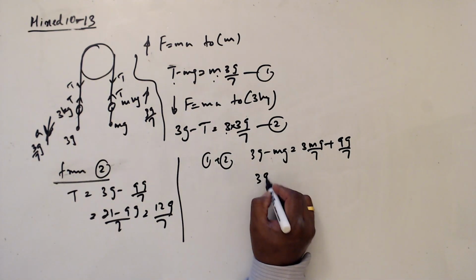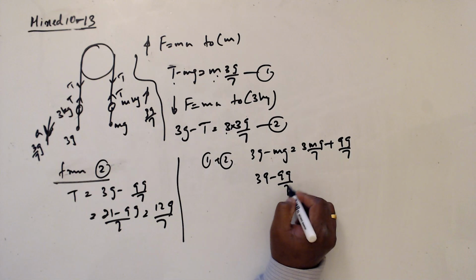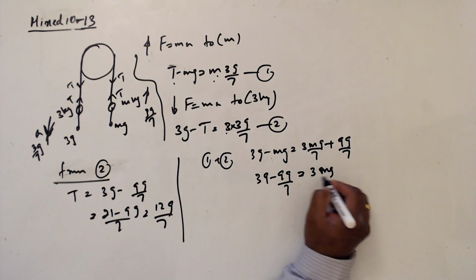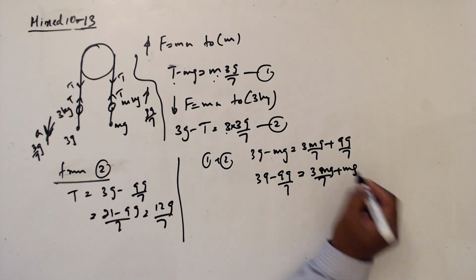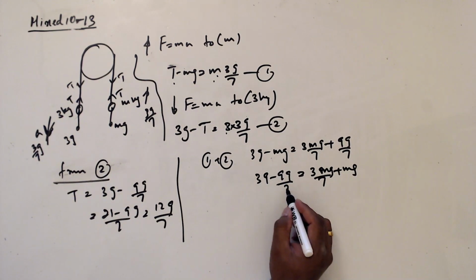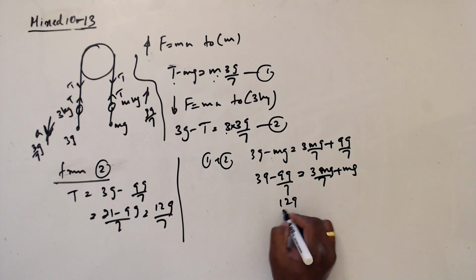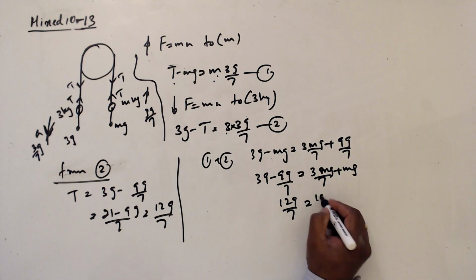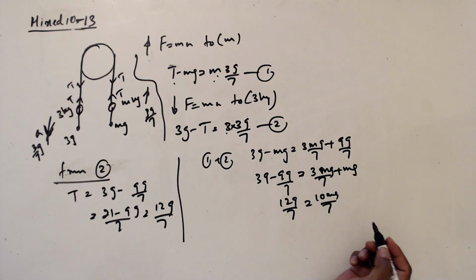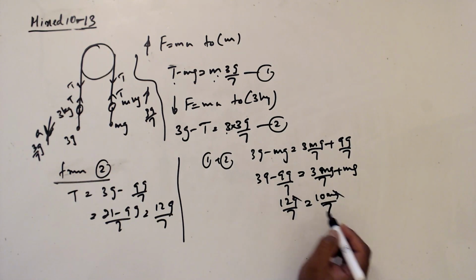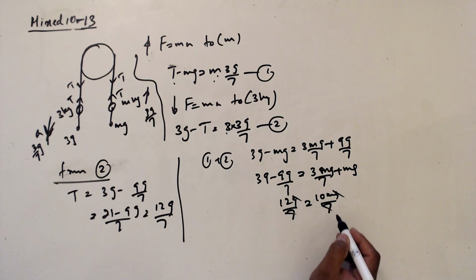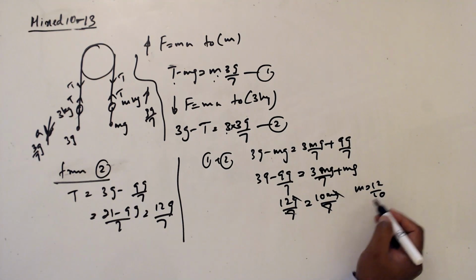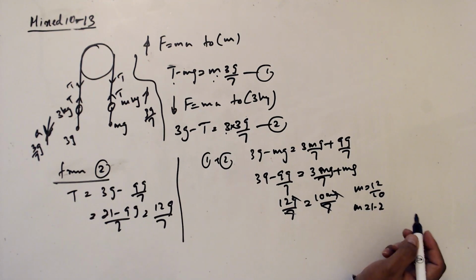So 3g minus 9g over 7 equals 3mg over 7 plus mg. So this is going to be 12g over 7 equals 10mg over 7. So g cancels out, 7 cancels out, 12 equals 10m, so m equals 12 divided by 10, m equals 1.2 kilograms.